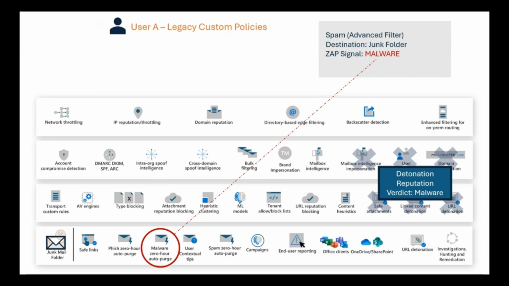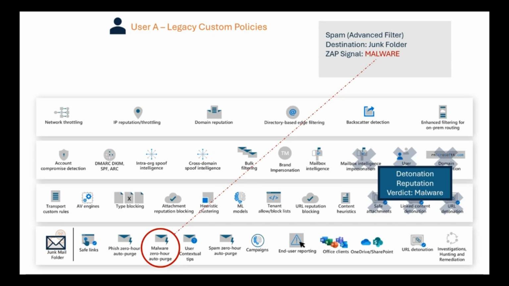No. So ZAP, zero-hour auto purge, is also a very important component. Whenever we receive a signal that something was malicious or otherwise bad after the fact, we can utilize what we call ZAP to remove those messages that were delivered from a user's mailbox.